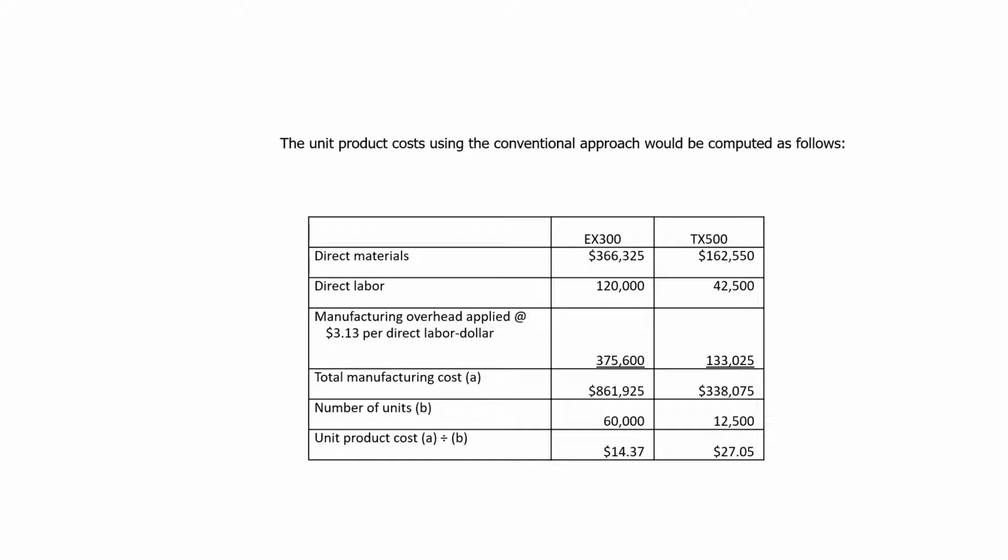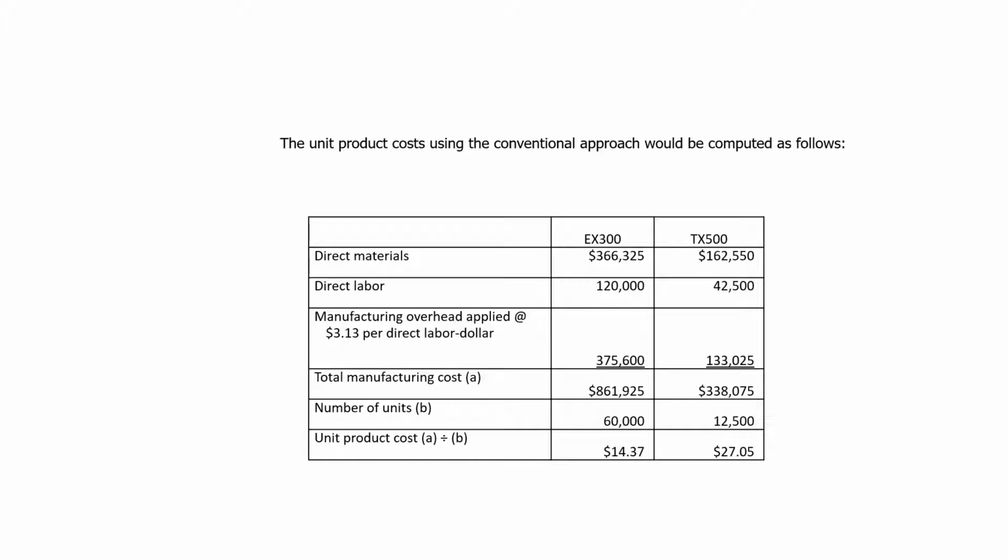So, traditional way, EX300 direct materials and direct labor costs are listed. Now we must apply the manufacturing overhead based on labor dollars. So $120,000 of labor dollars times $3.13 gives us manufacturing overhead applied of $375,600.